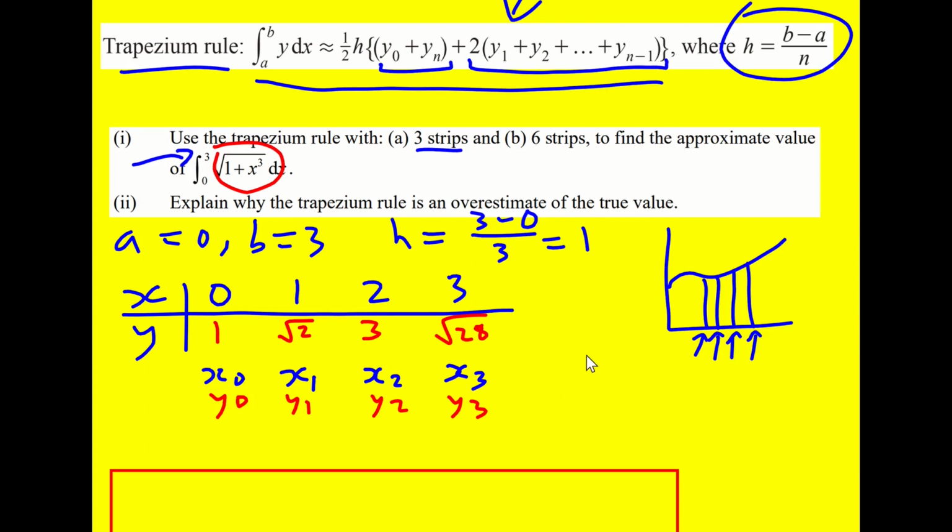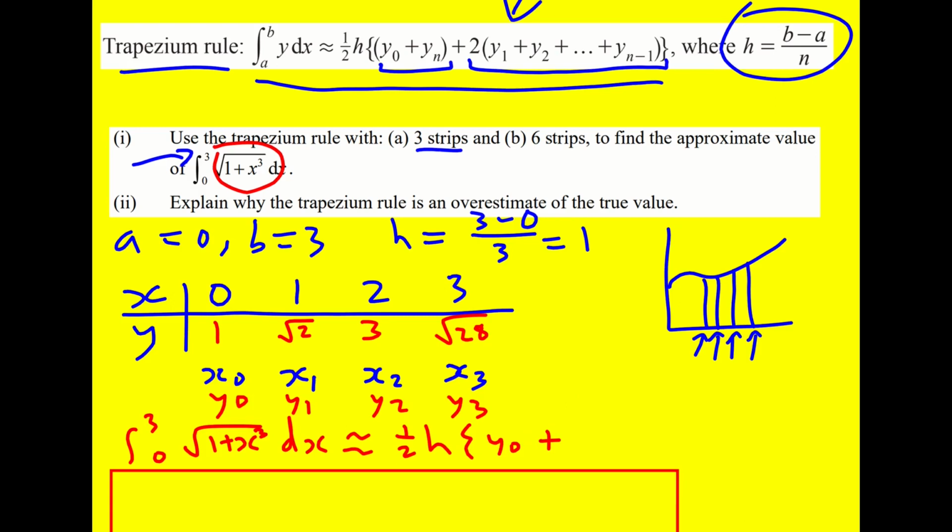And then we're there. We just need to transform this formula into one that works for 3 intervals. So I think a good idea is to first of all write it down for the 3 intervals. A half h, then it's going to be y0.